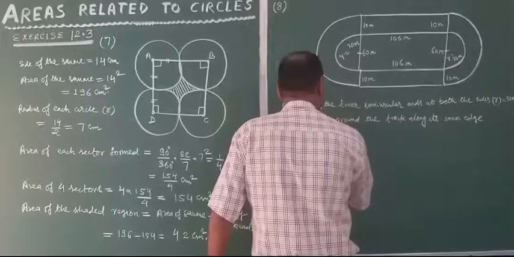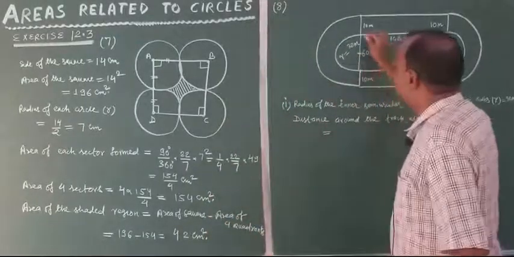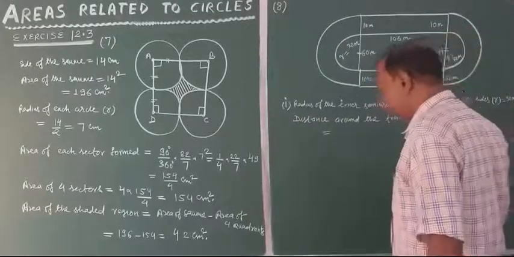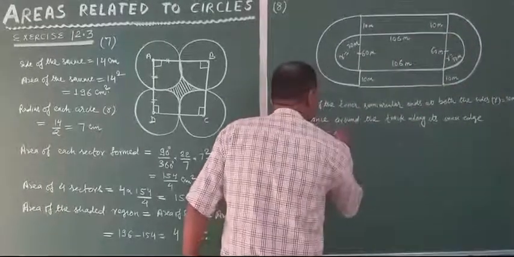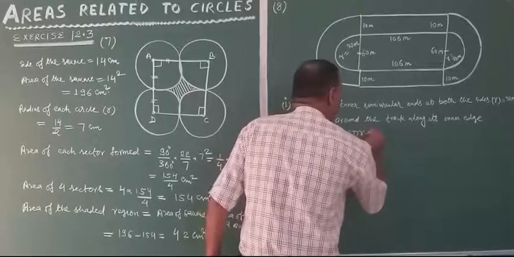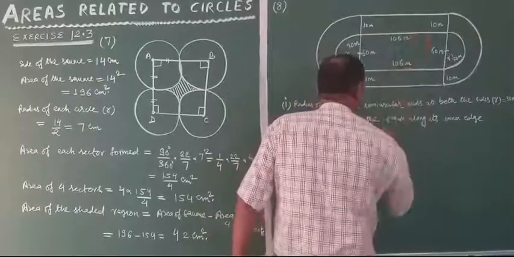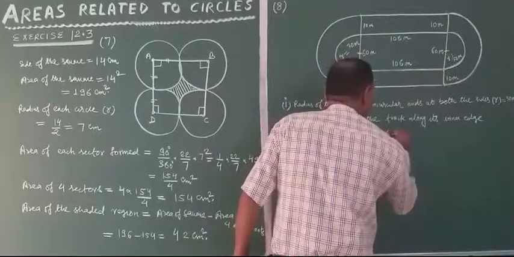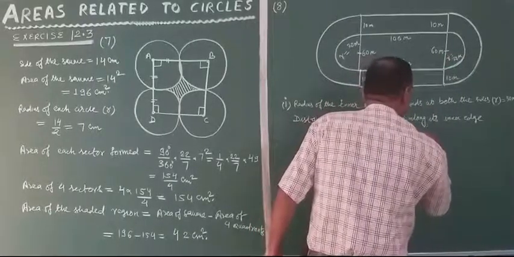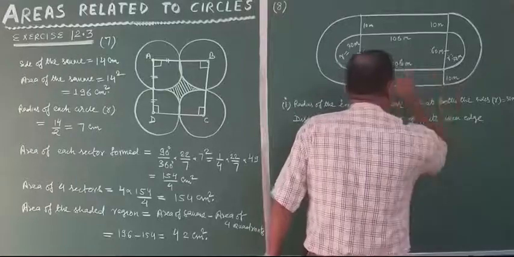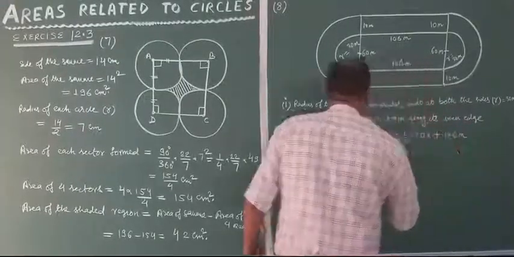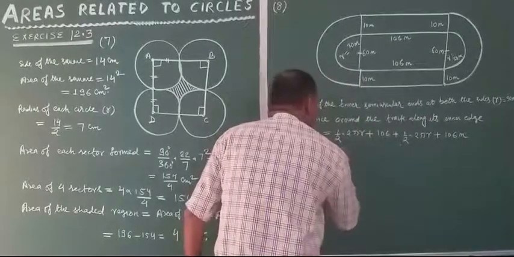That will be this half circumference plus this half circumference. Any half circumference is half into 2 pi r, plus this distance 106, plus again half this circumference and again this 106 meter. Just check it out.